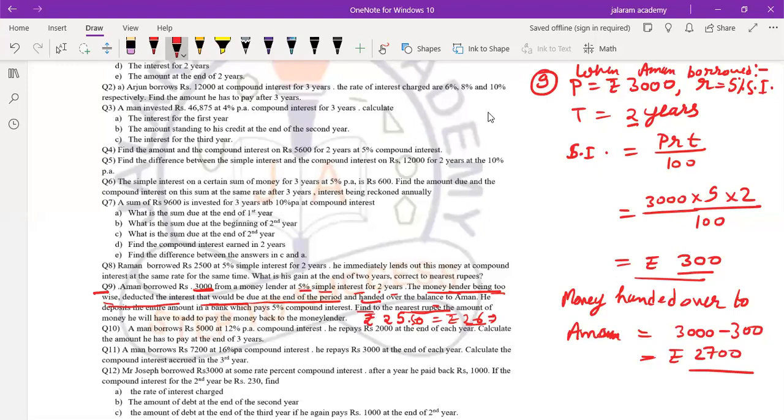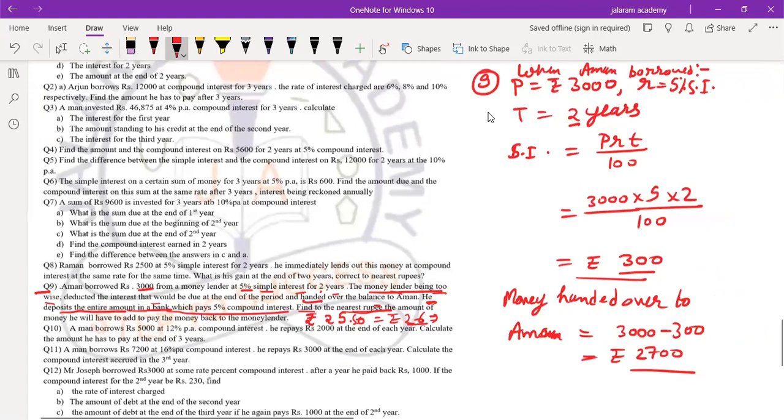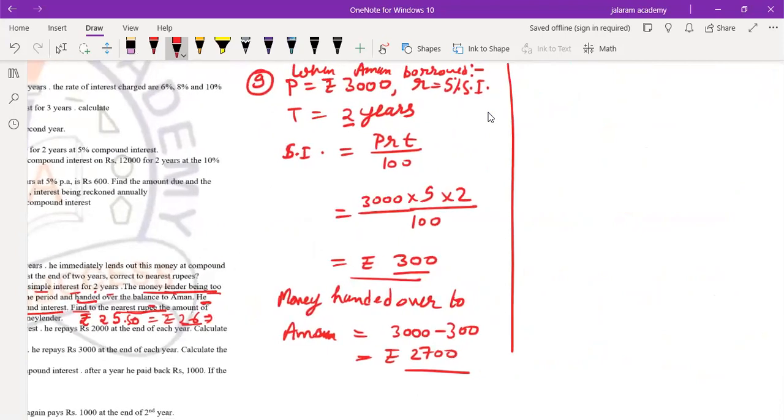Now, what happened? He, Aman, deposits the entire amount in a bank. Aman went to a bank and deposited the entire amount in a bank, which pays 5% compound interest.